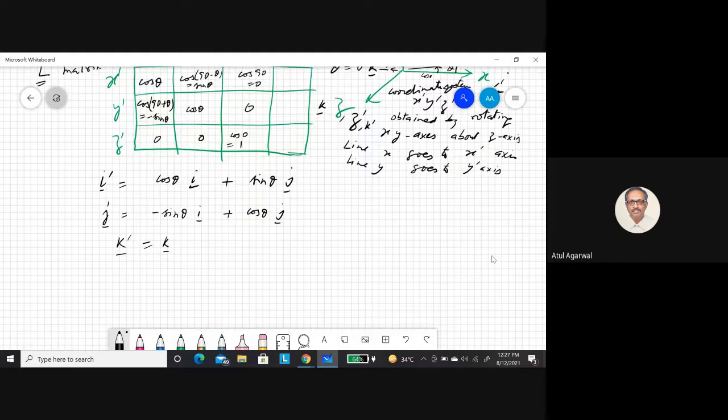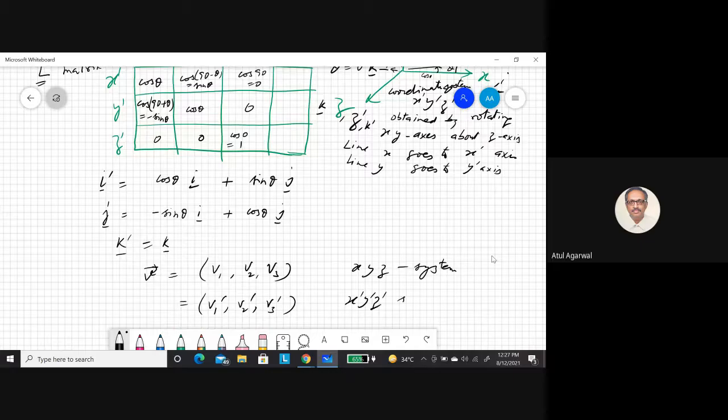Now I have got vector v. I told you it is v1, v2, v3 in the xyz system. I have got it as v1 prime, v2 prime, v3 prime in the x prime, y prime, z prime system.